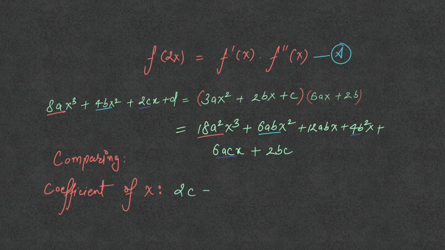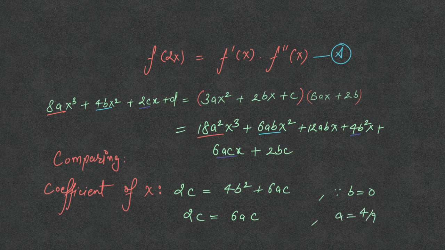So 2c is equal to 4b square plus 6ac. Since b is equal to 0, we have 2c is equal to 6ac and a is 4 by 9, so clearly only one possibility is there, c is also 0.